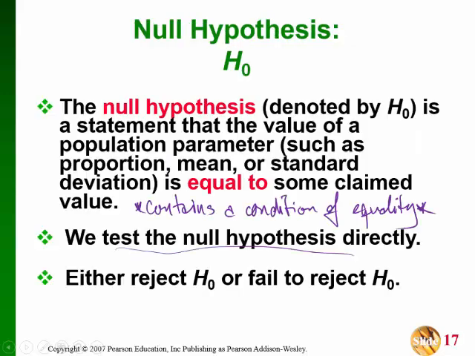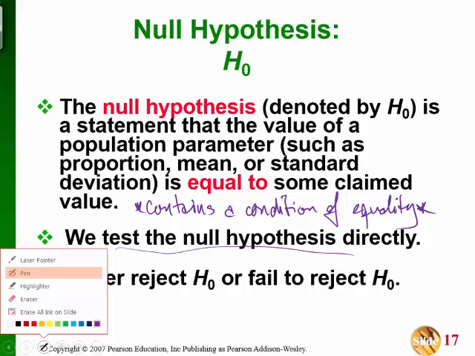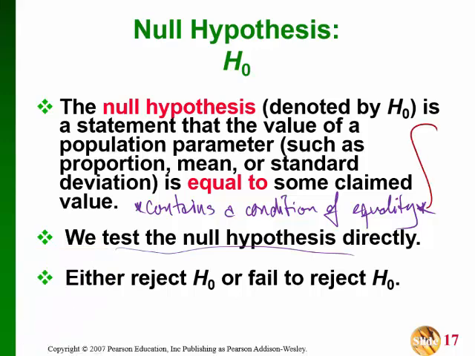When I say it contains a condition of equality, your possible symbols to use for your null hypothesis are either an equal to, a less than or equal to, or greater than or equal to.